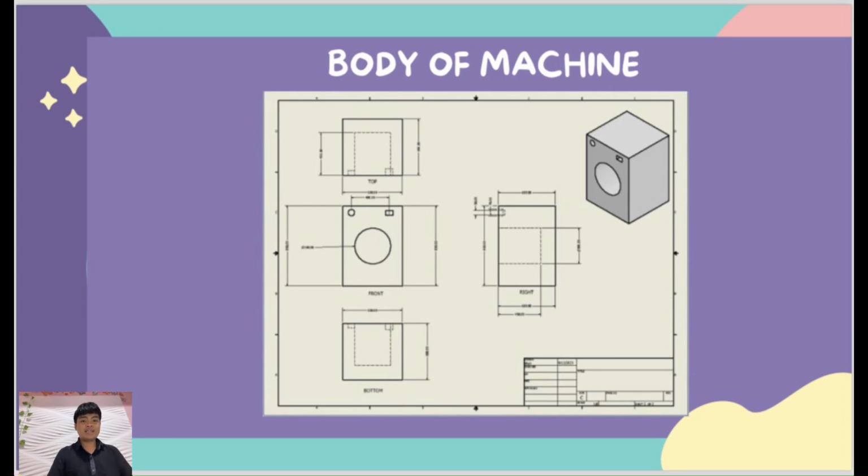The base is the same as the top and also the front, which is 630 millimeters, with the side of 600 millimeters as the same as the top view and also the front and bottom view, with the extruded of 450 millimeters for the circle.